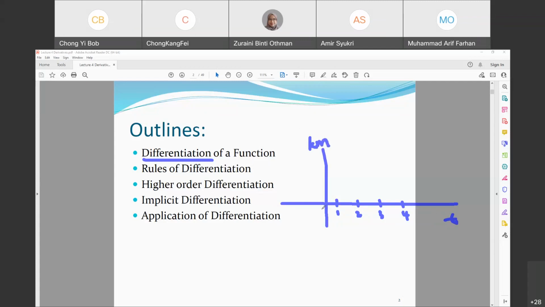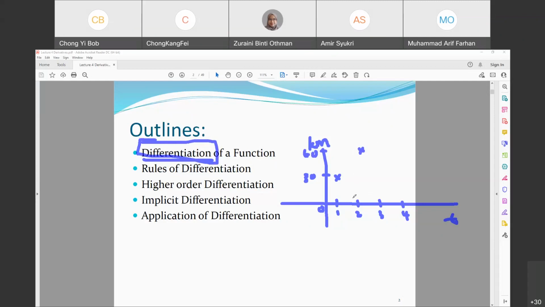Okay, contohnya masa kosong dia 0 kilometer. But when it is 1 hour, it is 30 kilometer. And after the 2 hours, it is 60, for example. And what is differentiation?